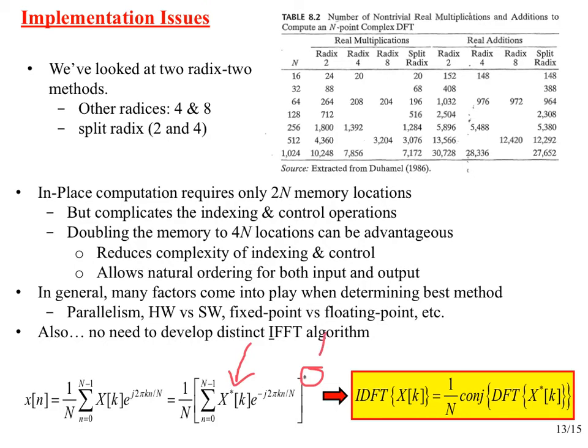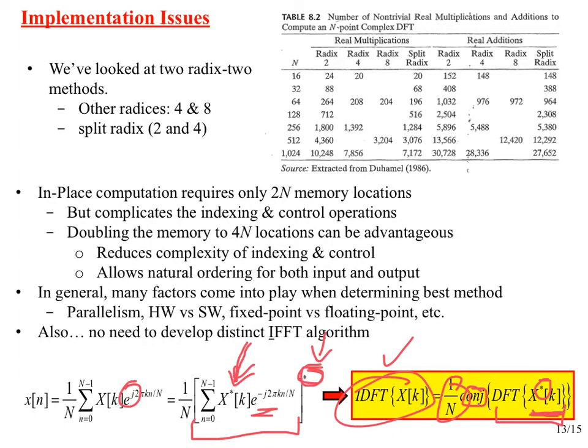The effect of this complex conjugate will undo that, and the effect of this complex conjugate will convert that negative j back into the positive j. But what we've done in doing that is we've got ourselves a DFT because it's got the negative j. So if we want to do an inverse DFT, all we have to do is take the thing that we want to do an inverse DFT of, take its complex conjugate, take a DFT, conjugate that, divide by n, and we've got ourselves an inverse DFT. So we can do that with an FFT algorithm.